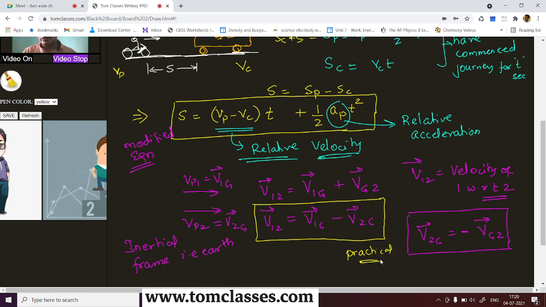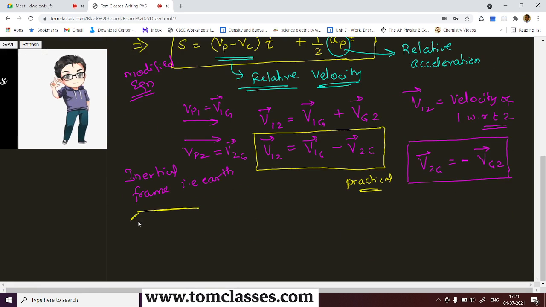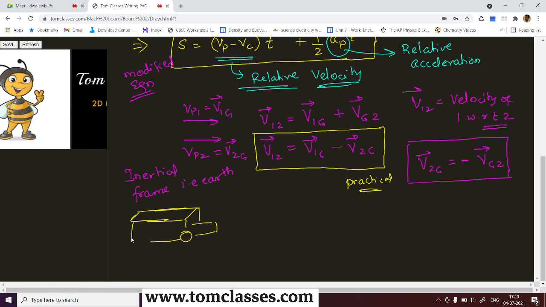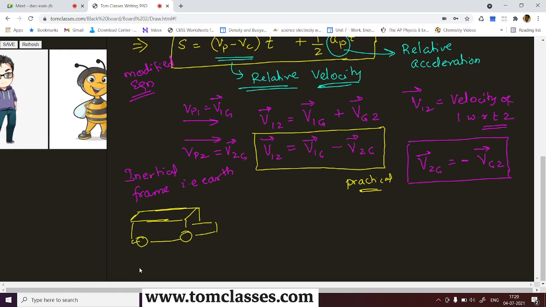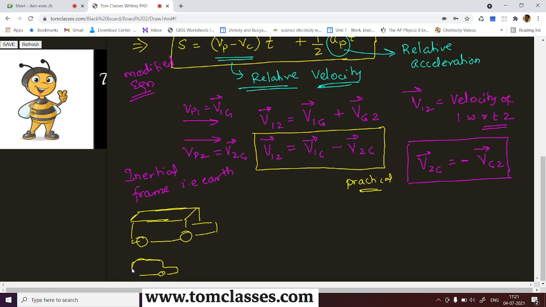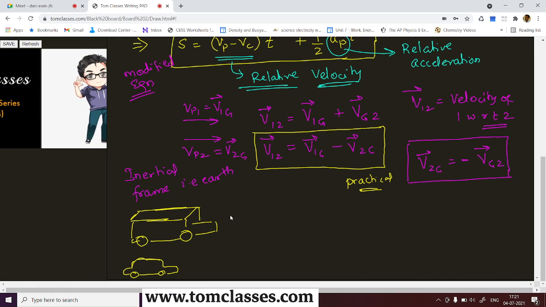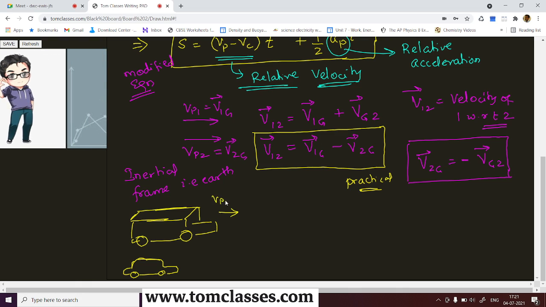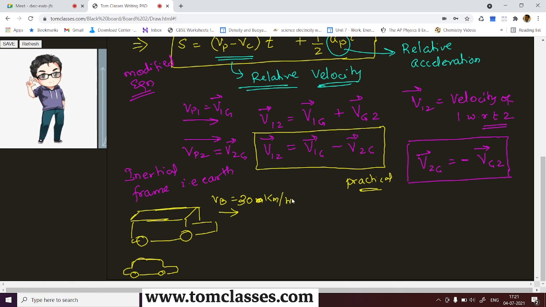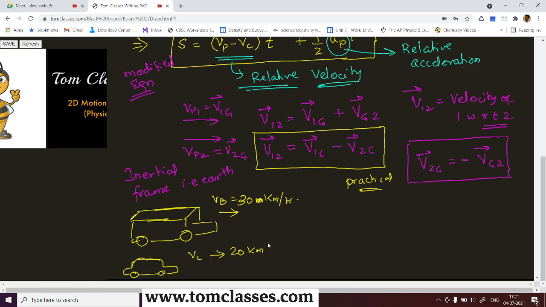To take one example, suppose you are traveling in a bus, and there is a car beside it. If this bus is moving at some speed, let's take it 30 kilometer per hour, and the car is moving at 20 kilometer per hour, and the speeds are too small.